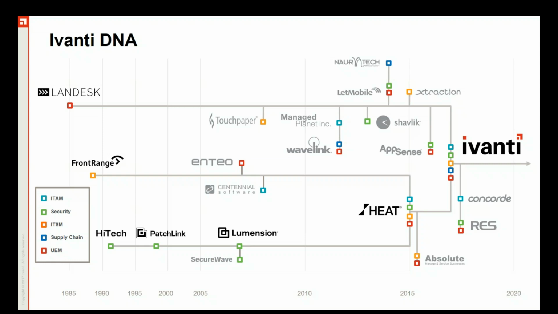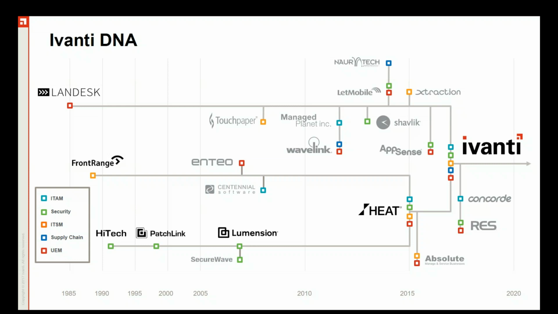I joined via Absence, which is sort of top right of the slide, in around 2016. And shortly after that, 2017 sort of time, we changed our owners and ended up merging with Heat, because the private equity firm that owned Heat bought us. So we merged together and all became friends, and basically are now a big company called Ivanti.